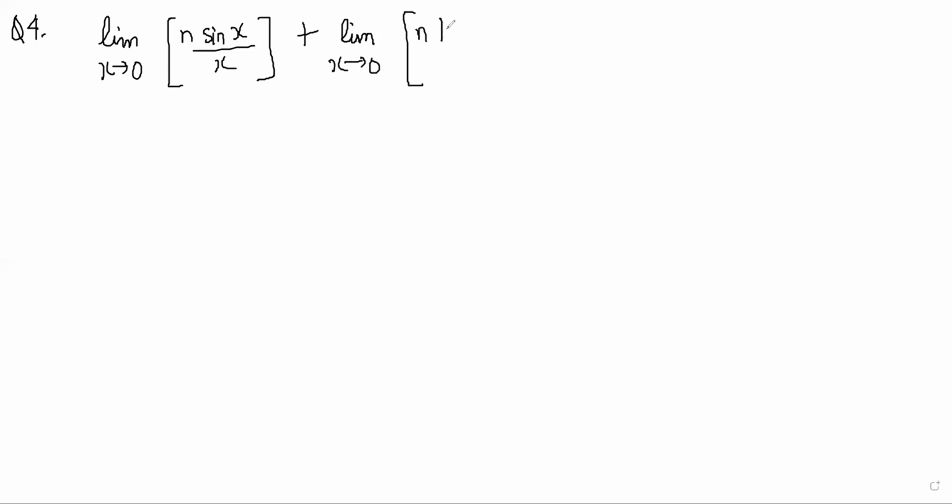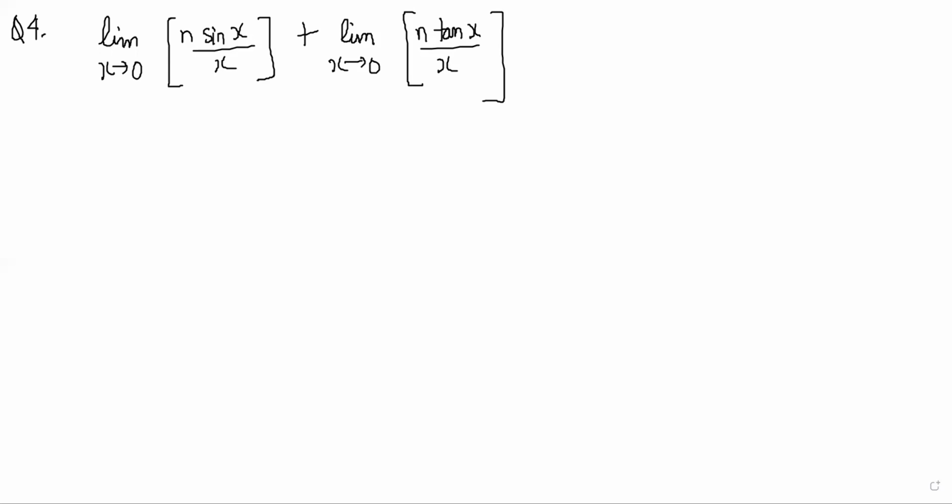Okay. Question 4. The value of the limit x tends to 0, greatest integer of n sin x by x, plus limit x tends to 0, greatest integer of n tan x by x, where [.] is the greatest integer function.